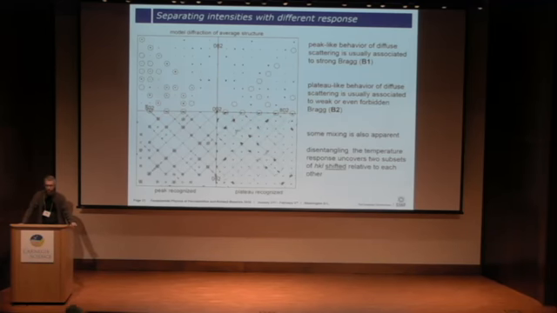Plateau-like behavior is usually associated with weak Braggs or forbidden Braggs. Some mixing is apparent, and if you split these two families, you see that the first family is mainly situated on the unshifted mesh, and the second one is situated on the shifted mesh.